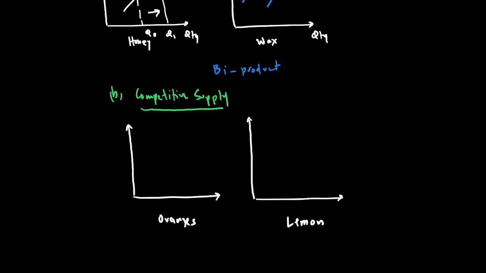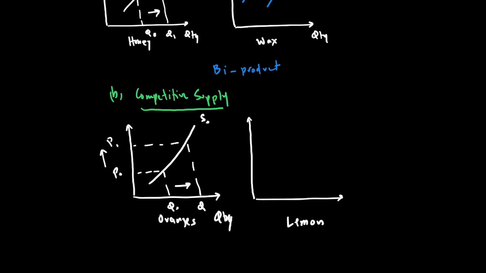If this is my supply for oranges, and farmers are dedicating more resources to oranges because it is giving them a better price, less of the resources will be available for the production of lemon. In the lemon market, because they're in competitive supply, the supply curve will shift backward. There will be a fall in supply in this case.